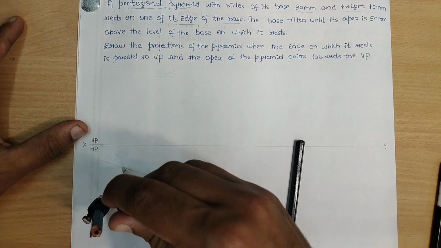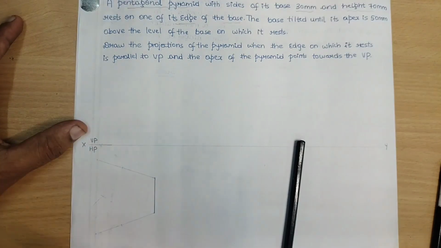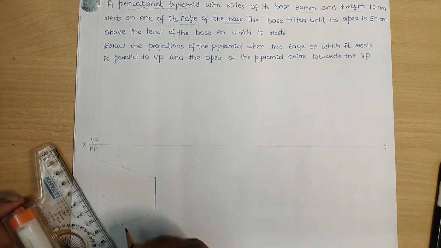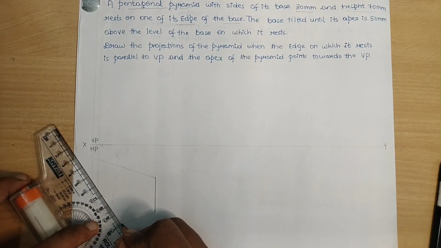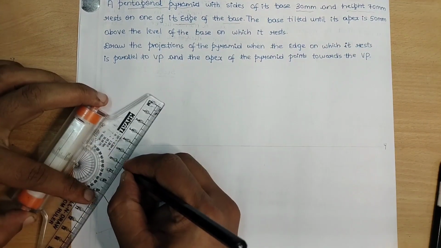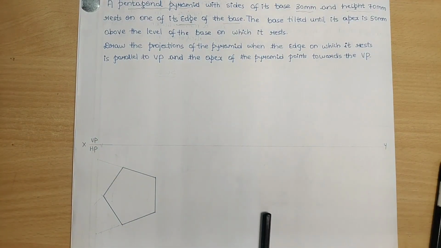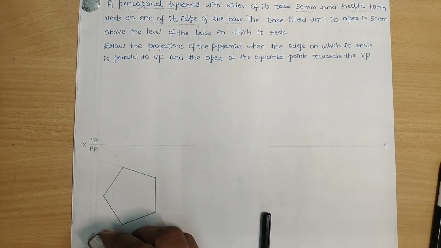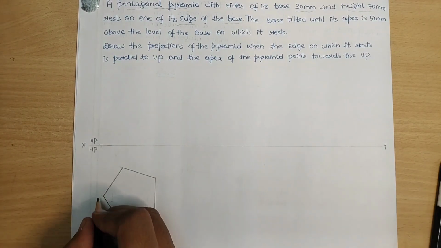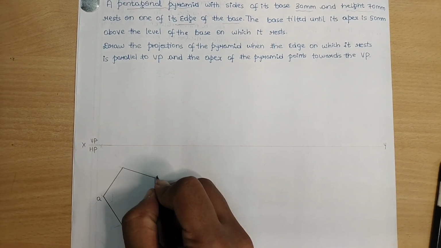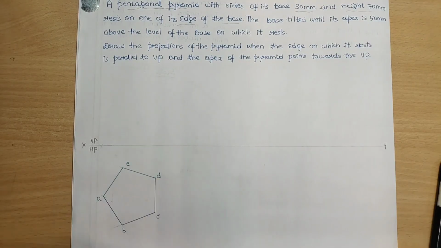From the other intersection point, I will cut one more arc so that it intersects the previous arc. Now I have got a new point here. I will join like this. So this is the pentagon of 30 mm resting on one of its edges. I will call this point A, followed by point B, point C, point D and point E.